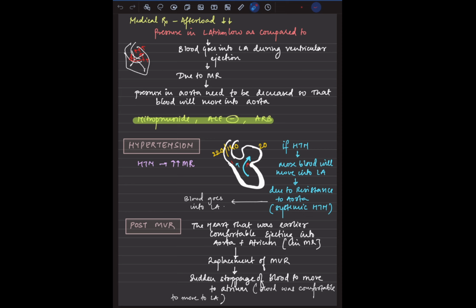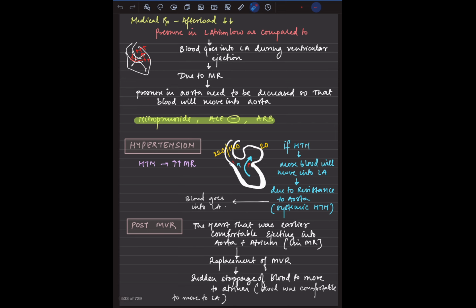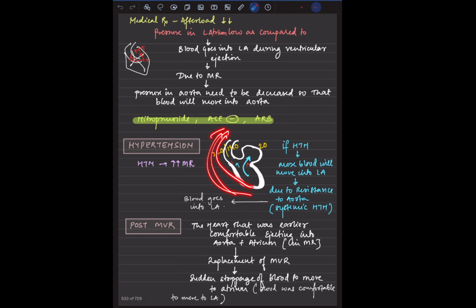Now, whenever there is a replacement of the mitral valve, there is sudden stoppage of the blood moving into the atrium, which it was comfortable doing. So what will happen? Sudden stoppage is there. Much of the blood is there now that the ventricle is not comfortable with.